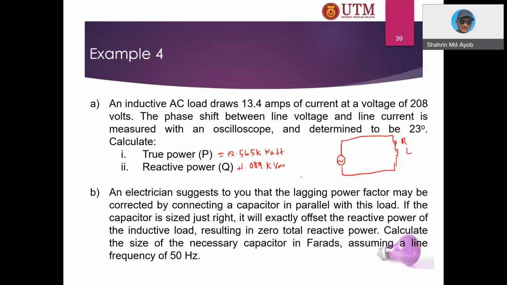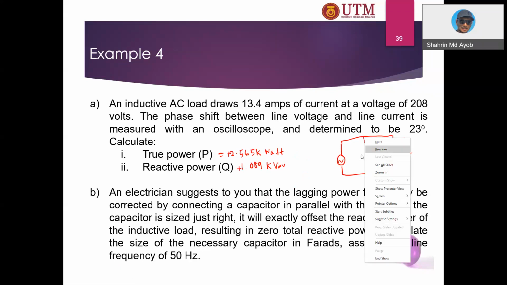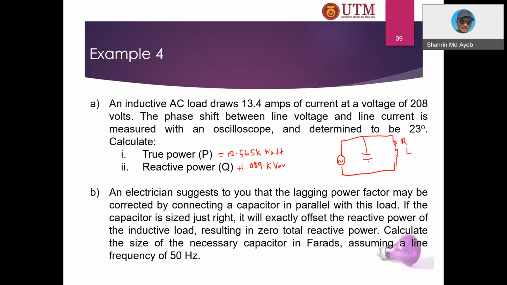And the electrician suggests that the power factor can be corrected by connecting a capacitor in parallel with the load. So you just place a capacitor in parallel with the load, because the power factor very much influences your electrical bills.